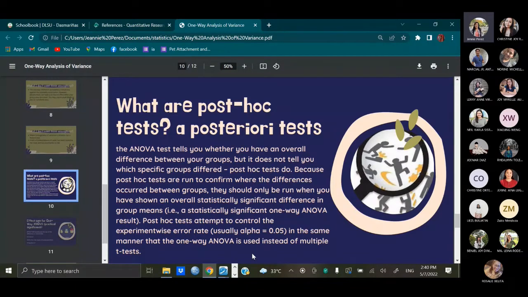And the post-hoc test will tell you in which of these possible pairwise combinations the statistical difference lies. Okay? Kasi it is possible that in two pairwise combinations, there are no statistical differences, but in only one pairwise combination the significant difference lies. So that would be a point for analysis.